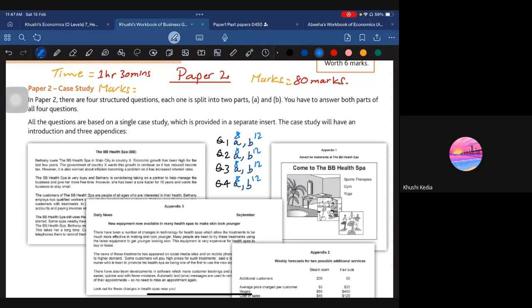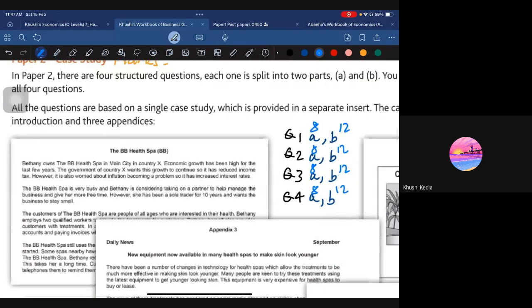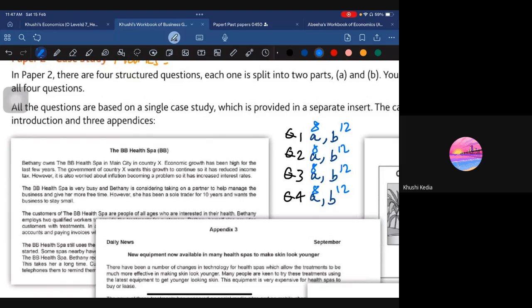While reading the case study, I want you to underline the important things which you can add as part of your application. If you underline these things, you will not have to go to the insert again and again and look for words to add in your application, because a lot of application is required in your paper two.